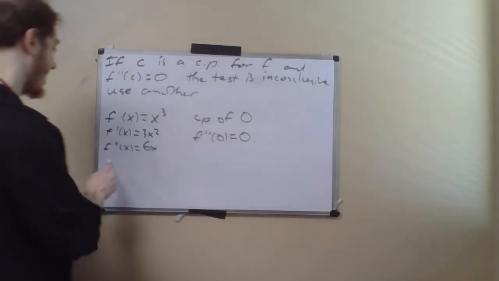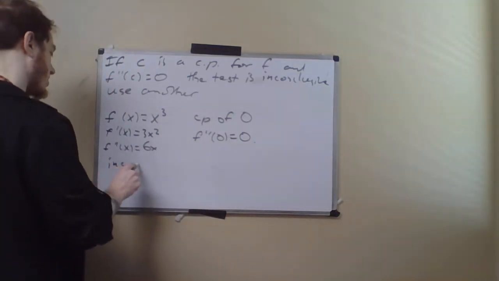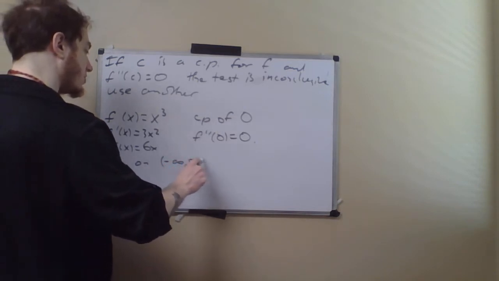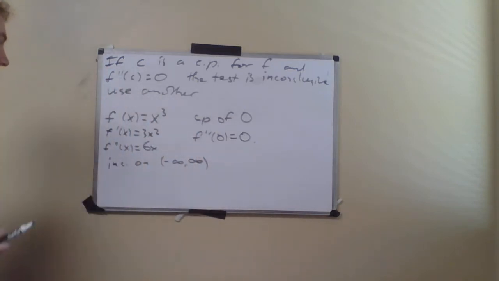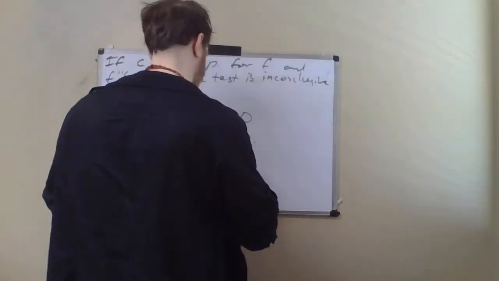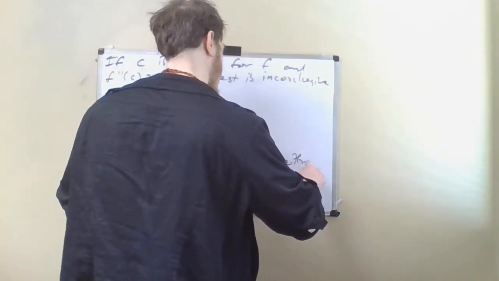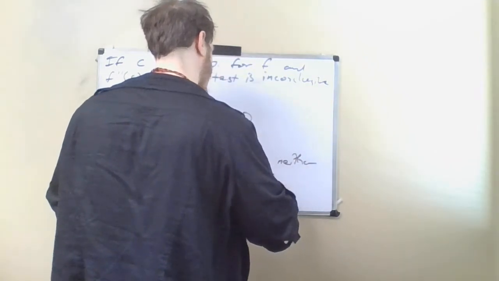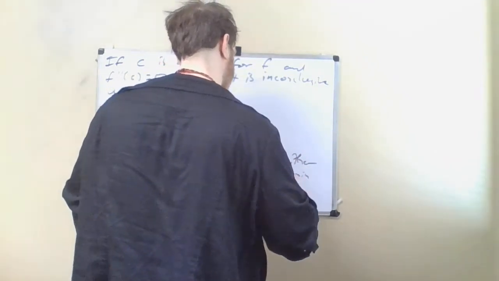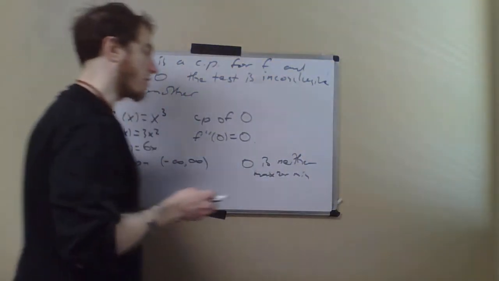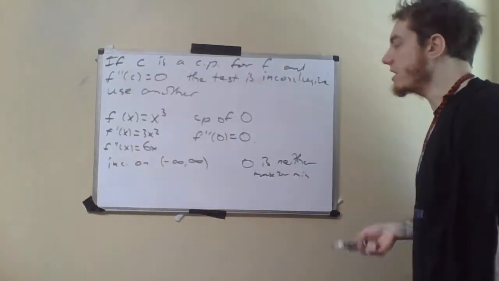So actually what's happening here is that we are increasing on the entire real number line, minus infinity to infinity. 0 is neither a max nor a min. Anyway, it's not a maximum, it's not a minimum.